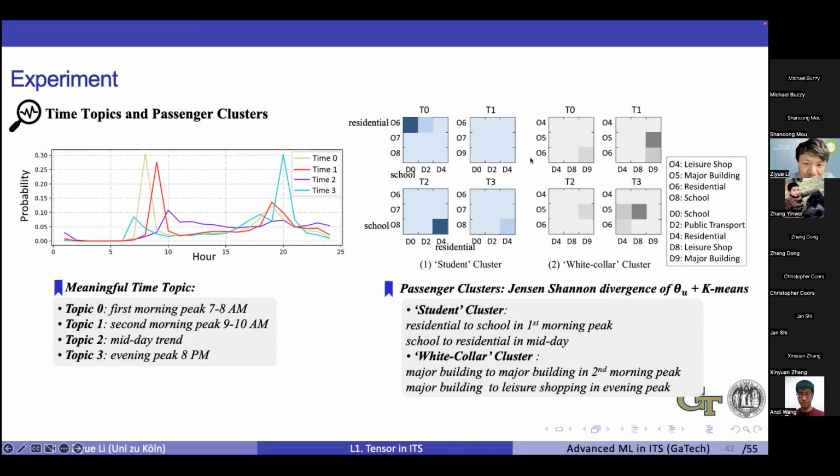For example, this one we call a student cluster, because it travels from the residential area to the school area in the first morning peak, and it travels from the school area back to the residential area in the midday around 3 p.m.